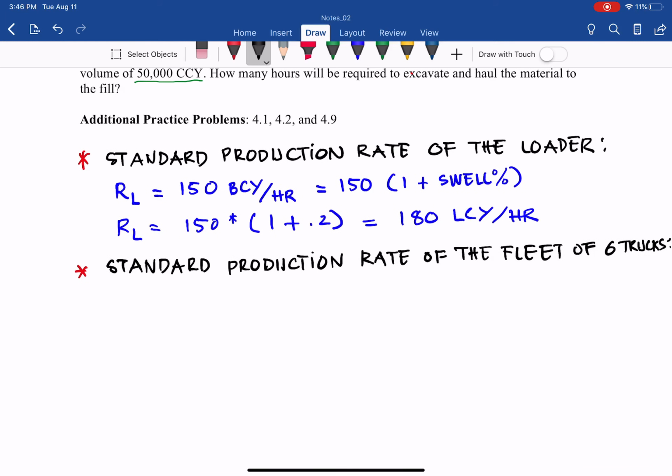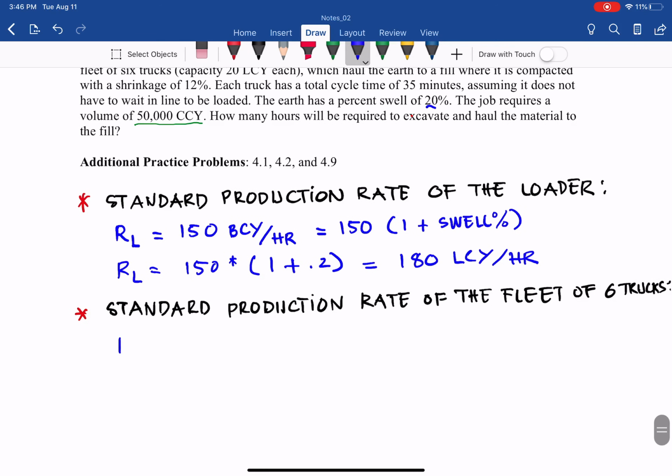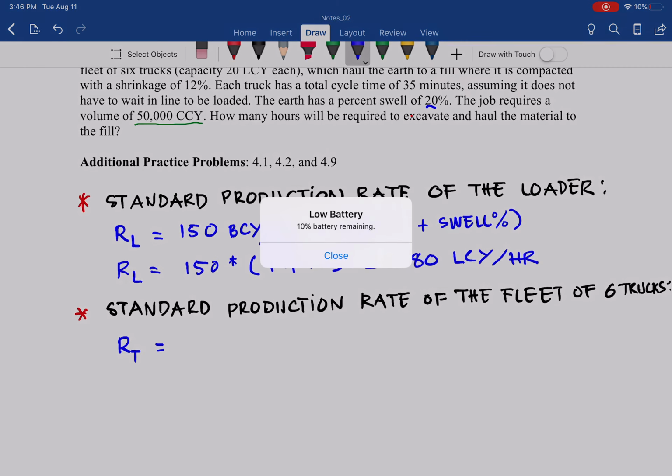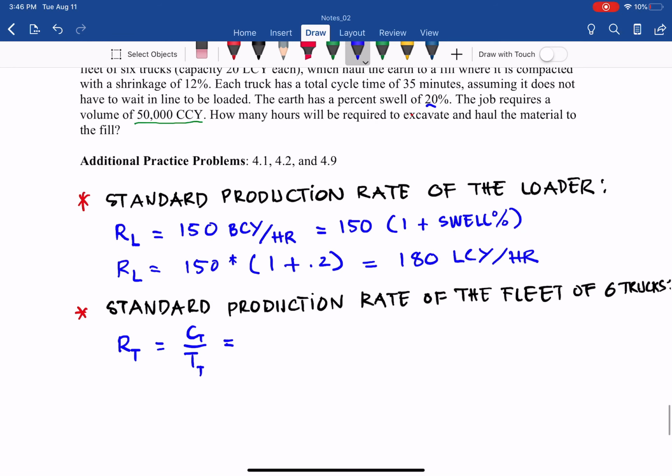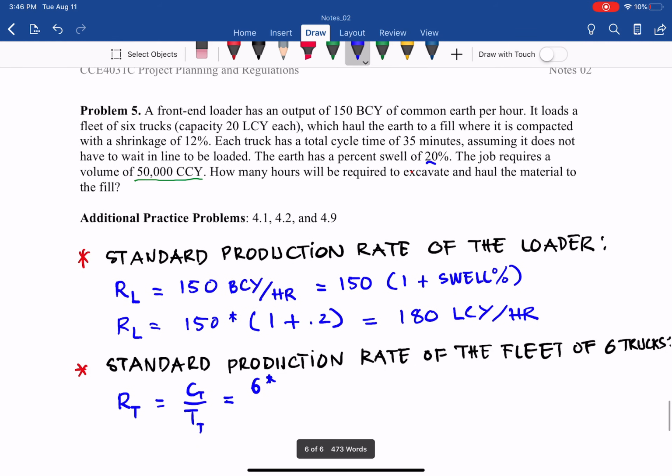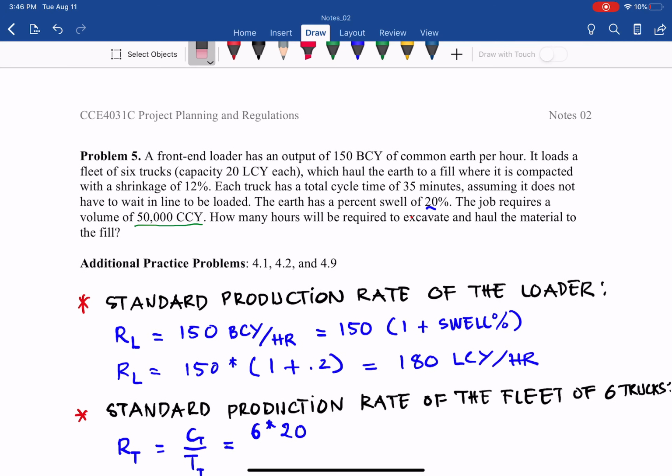So in this case, I call that R truck, actually 6 trucks, right? So it equals C over T, and in this case you can say C truck over the cycle time of the truck. We have 6 of them, so you have 6 trucks. The capacity for each truck is 20 loose cubic yards, so you multiply by 20, divided by the cycle time for each truck.